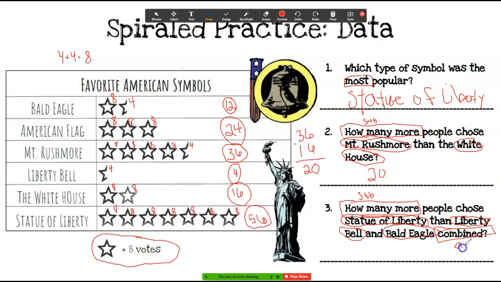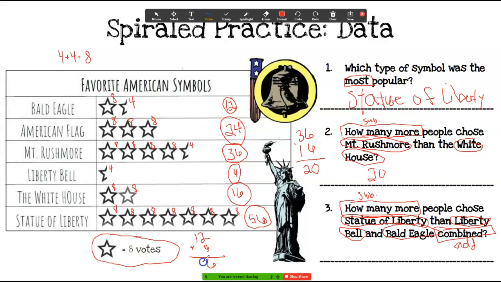So if I have 2 keywords here, I have a 2-step problem. Now we want to combine first. Okay, and it tells us what to combine. It tells us the Liberty Bell and Bald Eagle combined. So the Liberty Bell is 4 and the Bald Eagle is 12. So we're going to add 12 and 4 because it wants to combine those two.